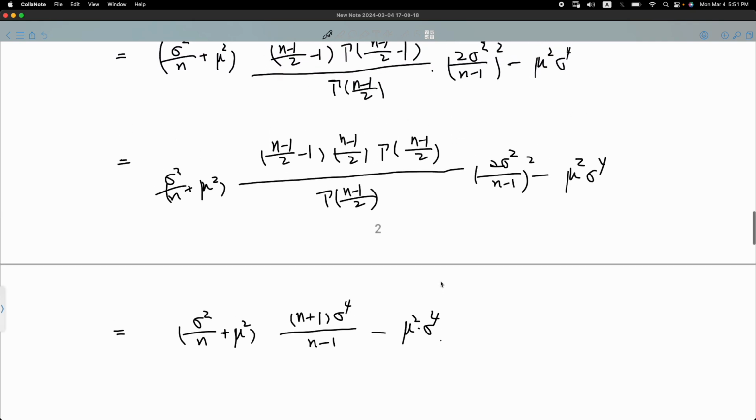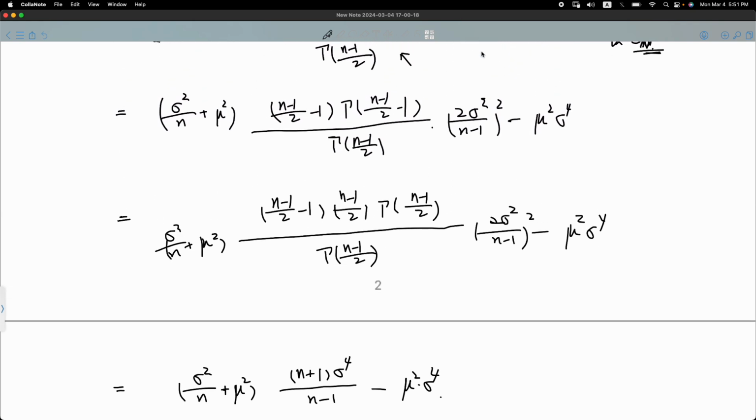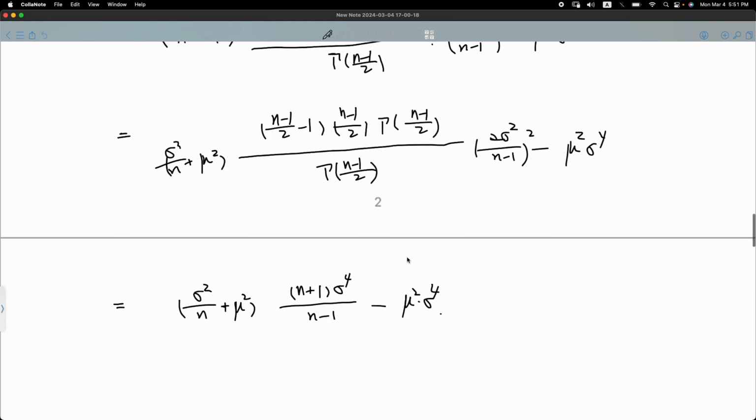The thing I want to comment on is that there are other rules for the gamma function that you can apply here to further simplify this fraction, and I think there's no way you can simplify further from here. Again, in case you forget, what we are showing here is the variance of theta hat. Okay, questions or comments?